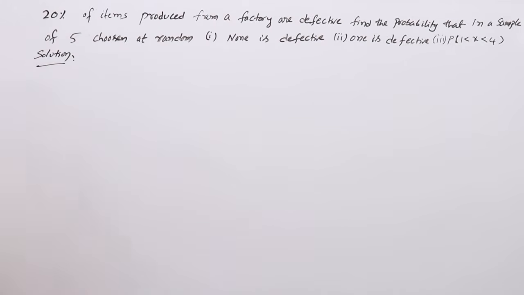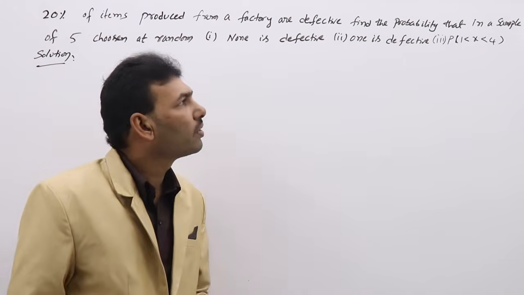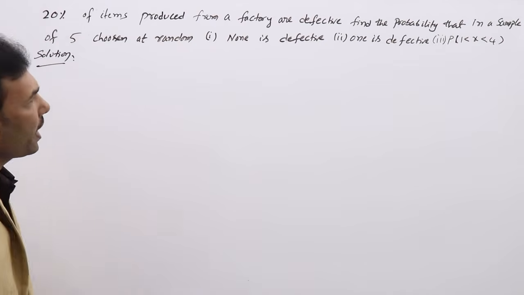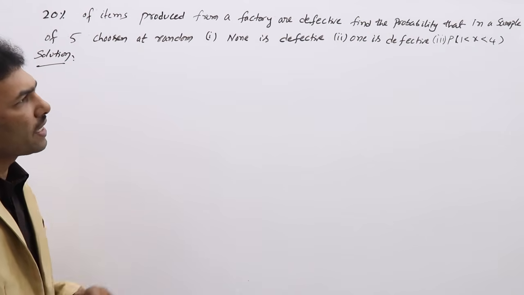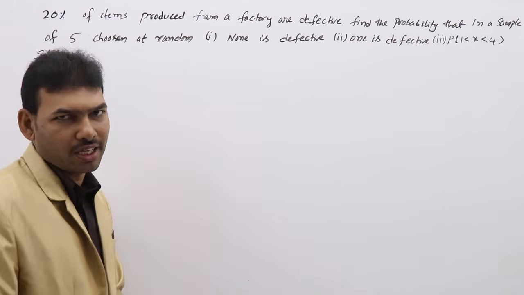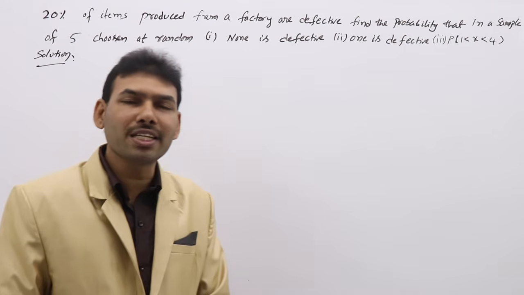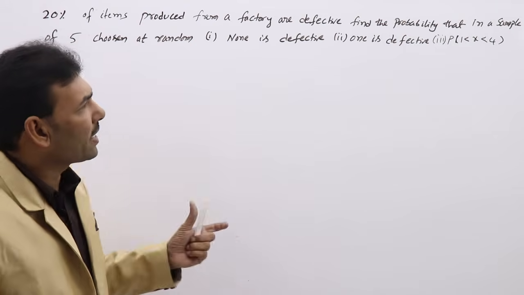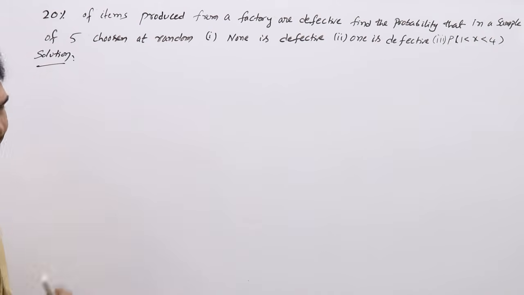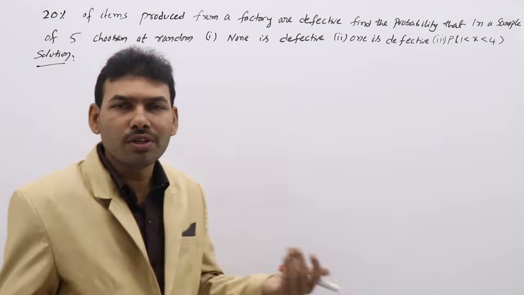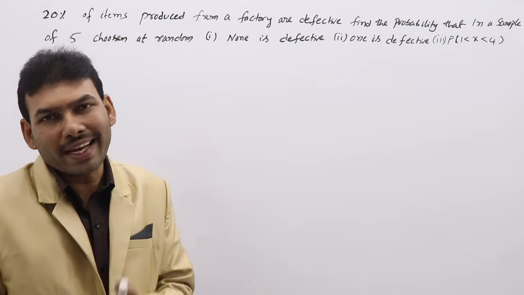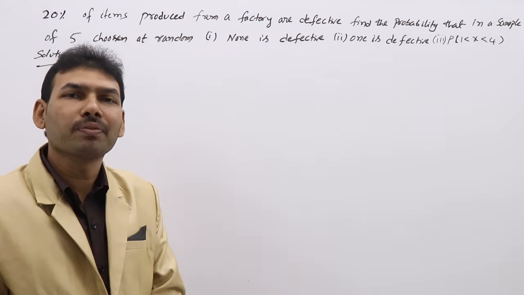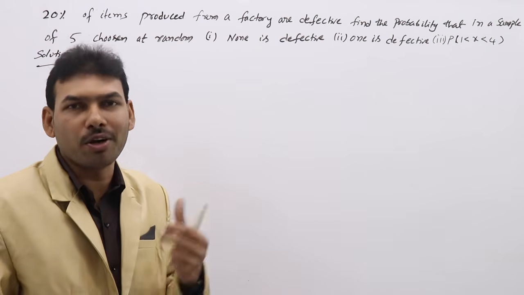20% of items produced from a factory are defective. Find the probability that in a sample of 5 chosen at random, none is defective, 1 is defective, probability of 1 less than x less than 4. Here, if you see this problem, first find out the sample size. Here, the sample is 5. So 5 is a finite, small value, n is small, p is given, probability of defective given, then the distribution is binomial.